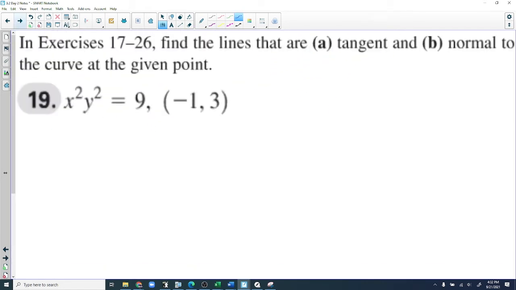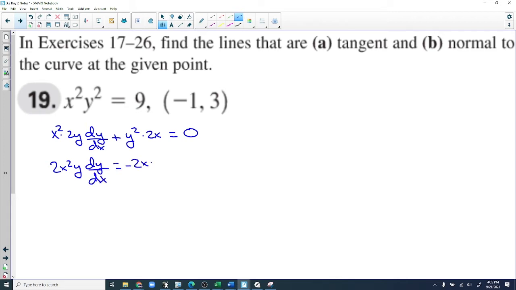Find the lines that are tangent and normal to the curve at the given point. We have first times derivative of the second, dy/dx, plus the second times the derivative of the first, is equal to 0. We have 2x squared y dy/dx is equal to negative 2xy squared, and then we'll divide. So dy/dx is negative 2xy squared over 2x squared y. We're going to evaluate that at (negative 1, 3).